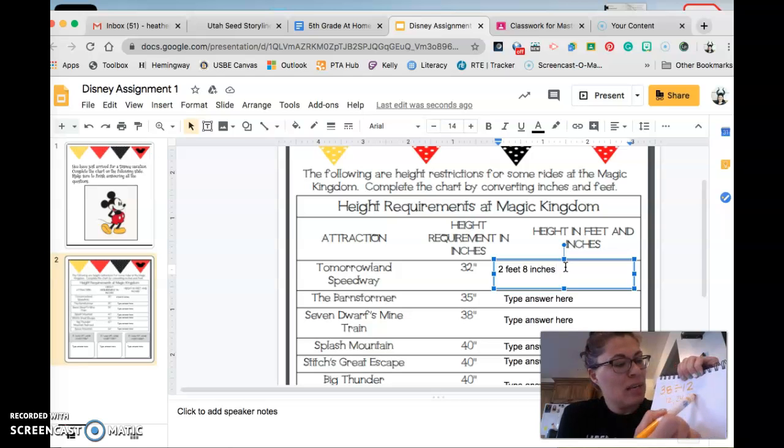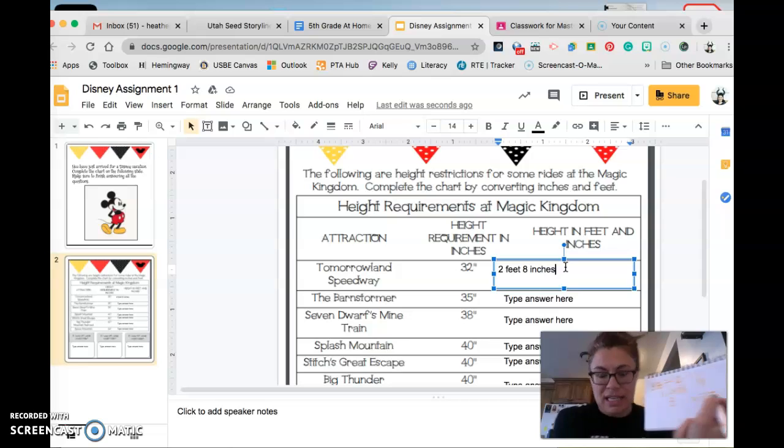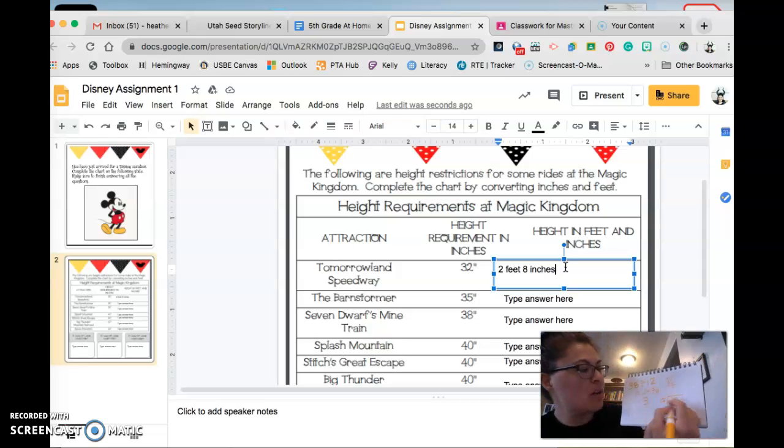Now I need to know how many inches. So I'm going to take 38 minus 36 because we use 36 inches in those 3 feet. So I subtract, that gives me 2. So I know my leftover is 2 inches. Or if you were dividing like this, I know that 12 goes into 38 3 times. 3 times 12 is 36.